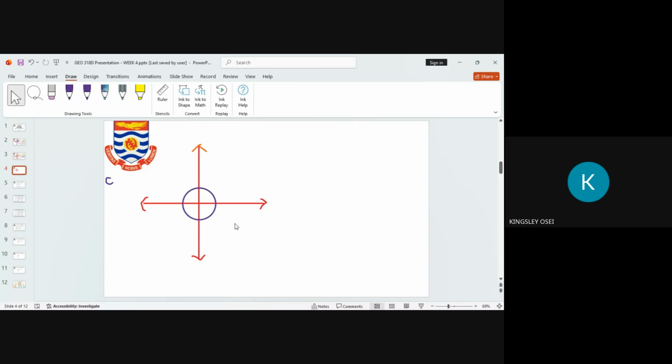Then now we come to the quadrant. So what happened? The circle is split into 4 equal parts. And these are the labels. Direction to this side is called the north direction. Direction to this end is called the east. Direction to this side is called the south. And direction to this side is called the west. Giving us what we call the cardinal direction.